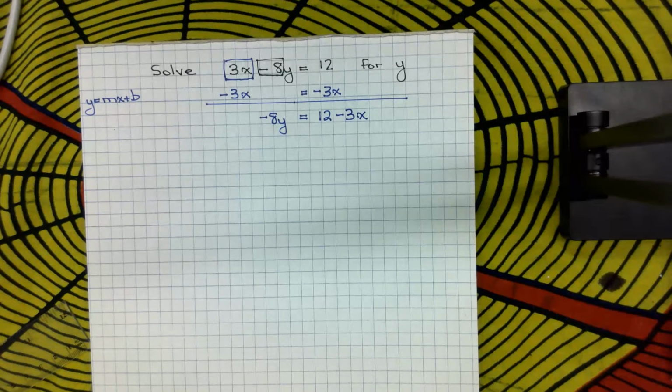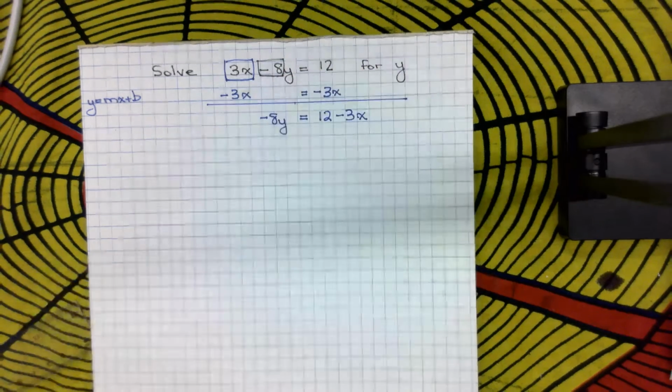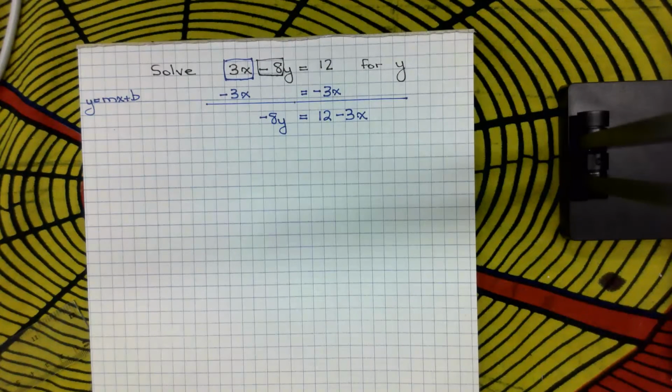So the next thing that I want to do here is I need to get rid of this negative 8 in front of my y, because I want it to end up as y equals. So in order to get rid of this negative 8, I know that if I divide negative 8 by negative 8, I get 1, and so it will be gone.